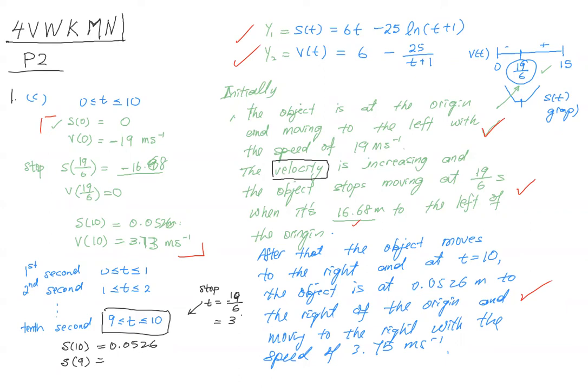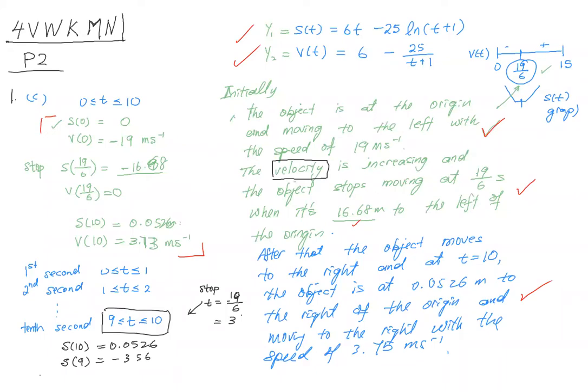What is your S9? Can someone give me the answer? Negative 3.56. Negative 3.56. Okay, negative 3.56.